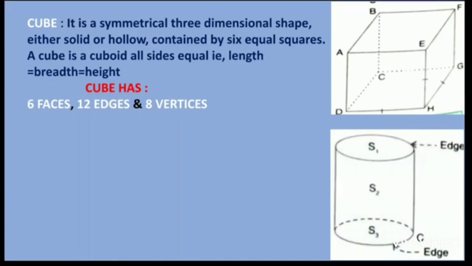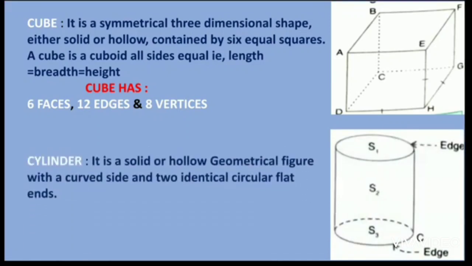Let's take the example of another figure, that is the cylinder. It is a solid or hollow geometrical figure with a curved side and 2 identical circular flat ends.